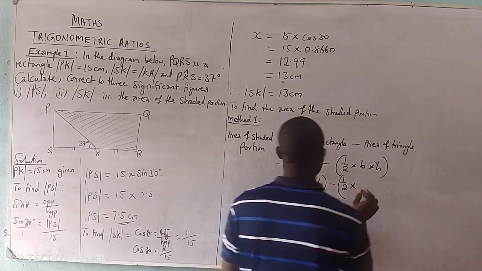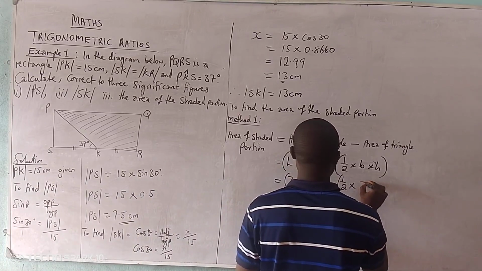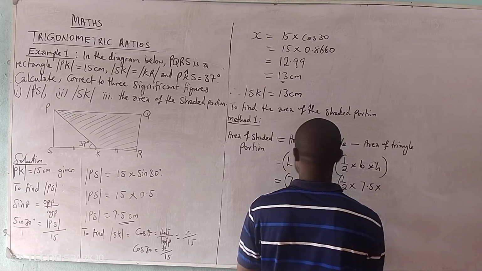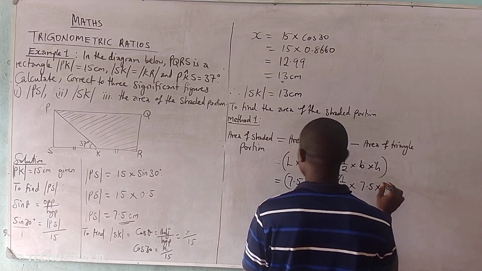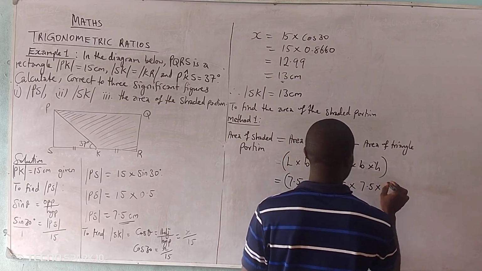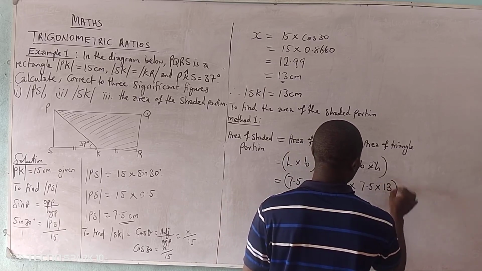The height of the triangle is 7.5, and the base of the triangle is 13 cm.